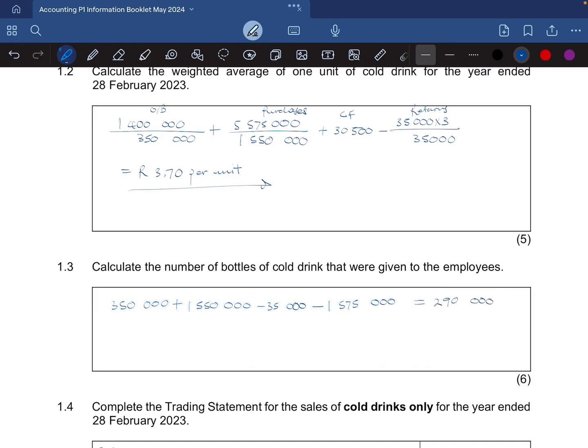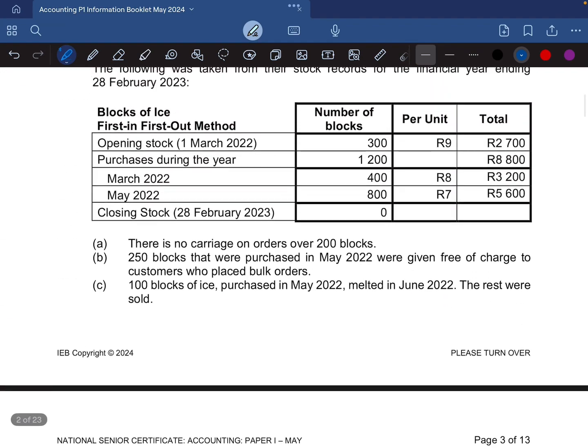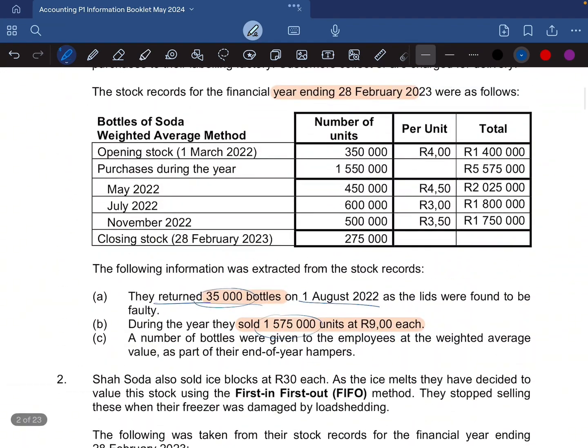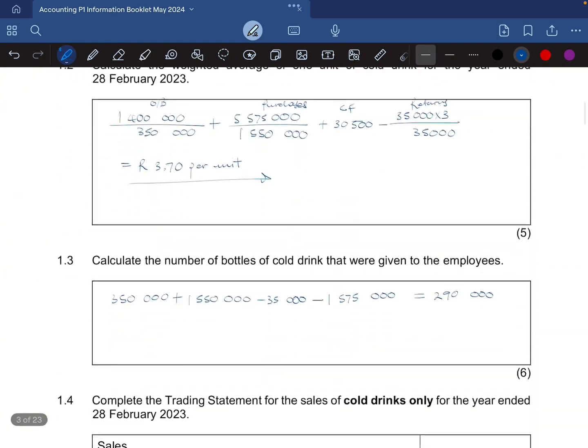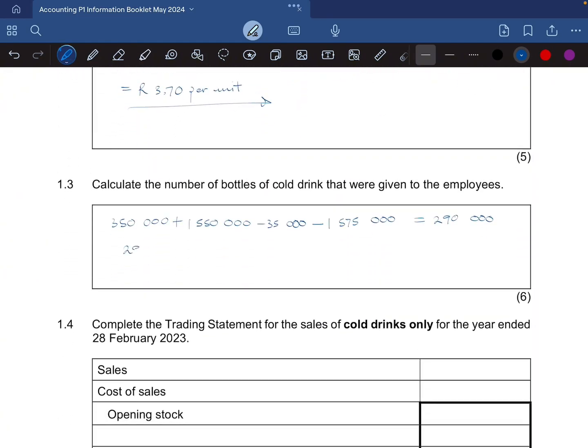290,000. But the actual closing inventory that we have here is 275,000. So we're going to take the 290,000 minus the 275,000, which then gives us 15,000.